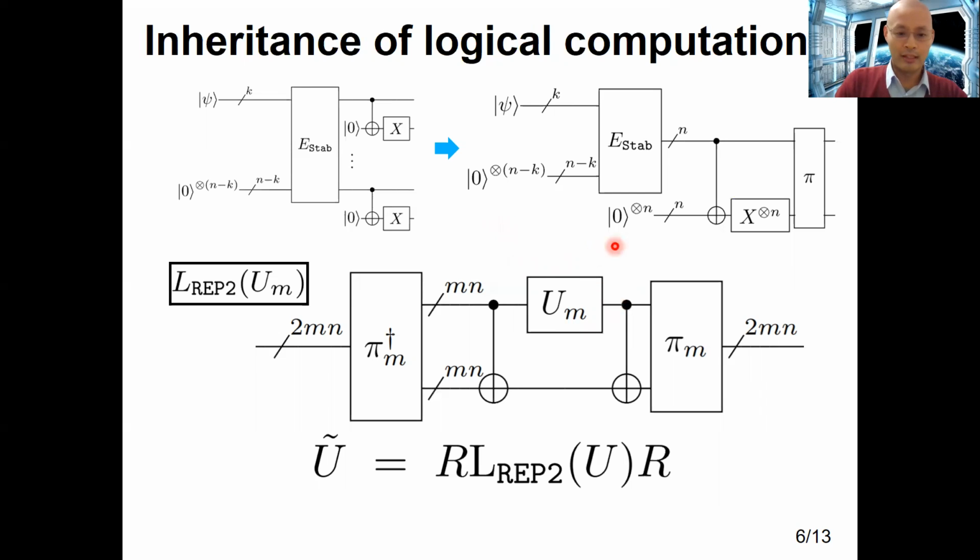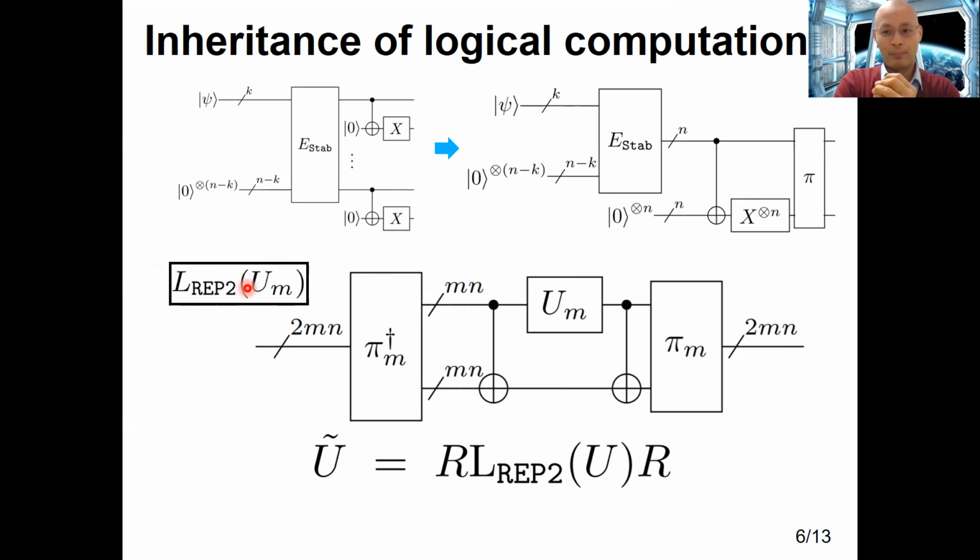And the nice thing about these codes is that they inherit the logical computations from the underlying stabilizer codes. You see, if you have an m-qubit logical operation on a stabilizer code, and you want to find the corresponding logical computation on this constant excitation code, one could follow this 2-step procedure. First, find the logical operation on the stabilizer code concatenated with the repetition code and call this operator this.